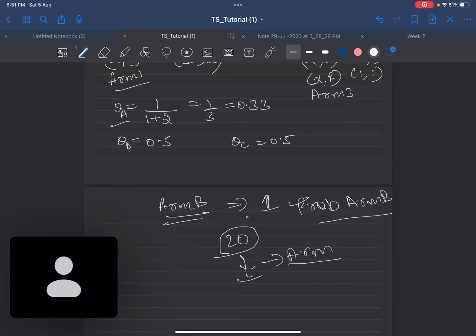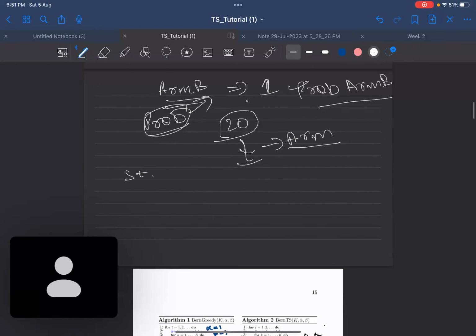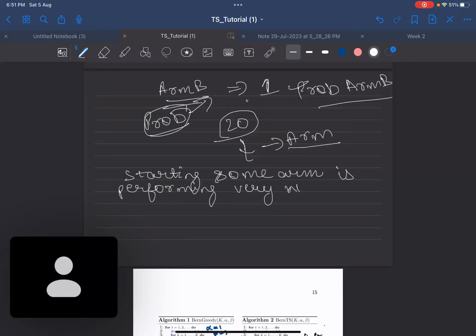But now the probability of arm B is so high that we are not able to cope up with arm C and arm A, because their probability is very low in the starting. What I mean is, in the starting, if some arm is performing very well, then its probability will be very high.